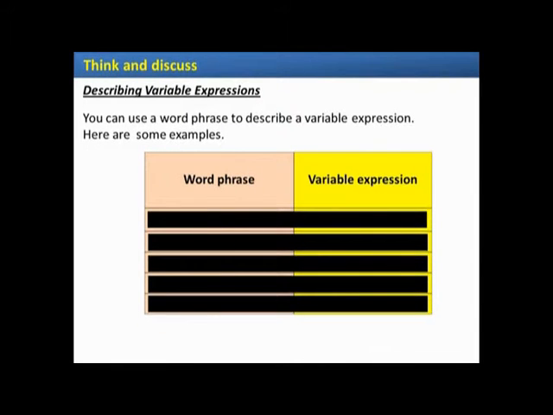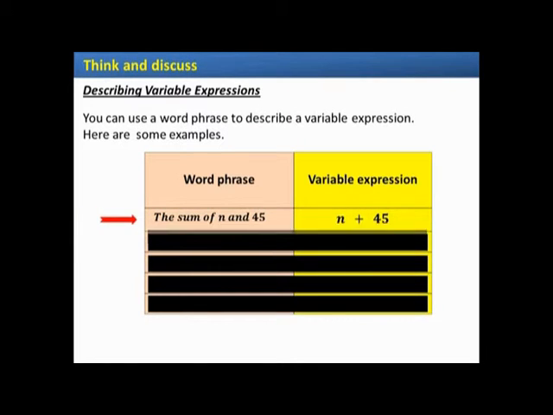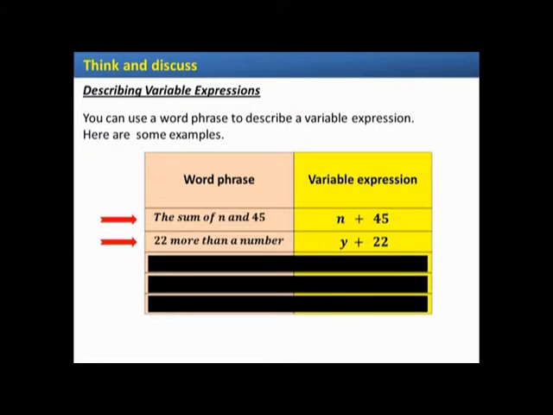Now, think and discuss. You can use a word phrase to describe a variable expression. In this case, the sum of n and 45 is written as n plus 45.